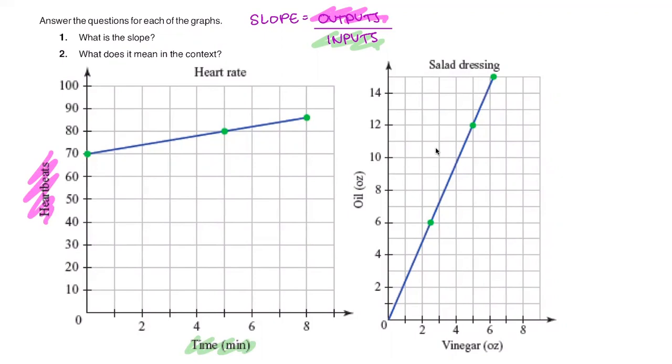Now, how do I start? I go from 70 here, and then I go up to 80 in the middle, and then to between like 85 over at the end. And then time goes from 0 to 5 to 8.